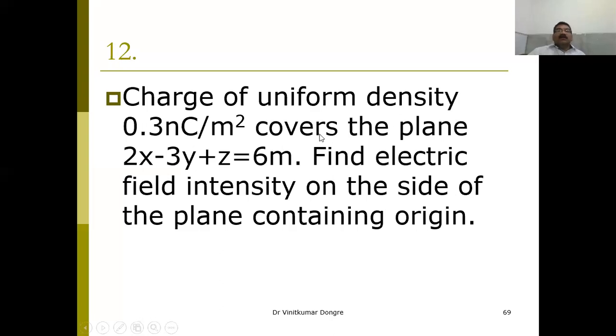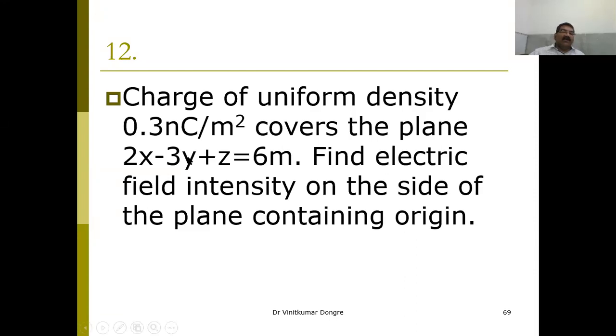So the plane formula is given, that is 2x - 3y + z = 6. Find the electric field intensity on the side of the plane containing the origin. Now 90% of the problem will get solved when you draw the plane and find the unit vector.